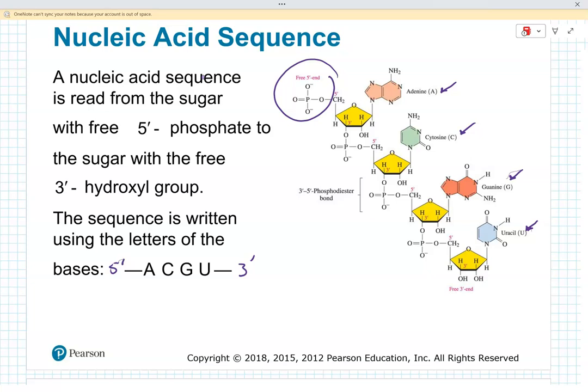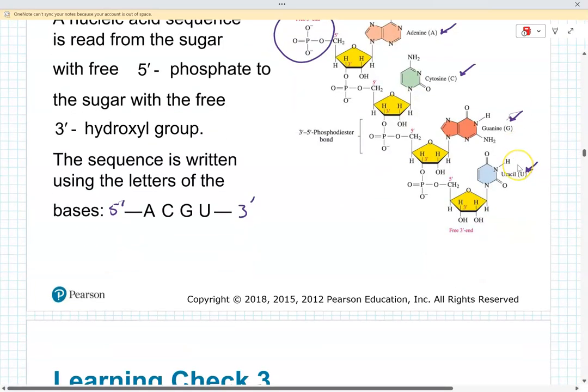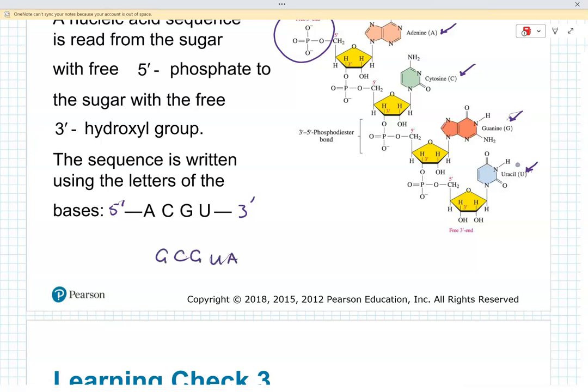So if I send an email to my colleague, and in that email I put a sequence, something like GCG, UA, CUG, CA, if we have the same background, the person who reads this sequence knows which is the 5' and which is the 3'.